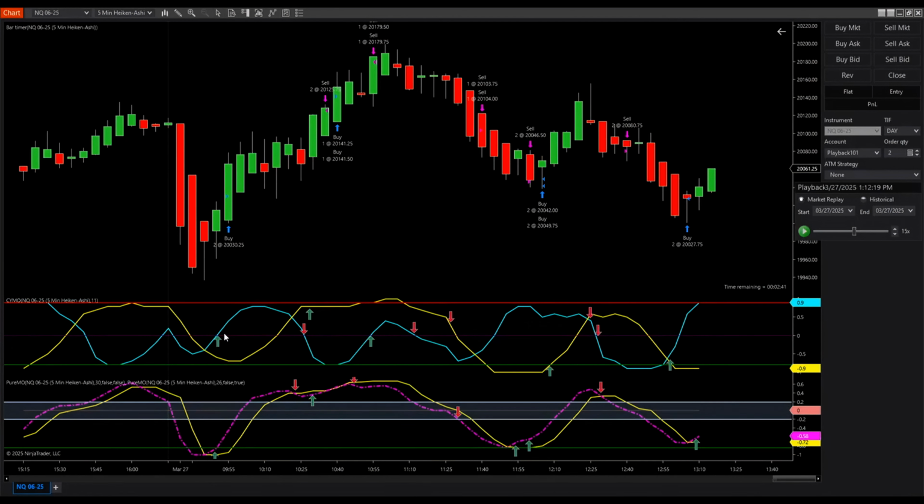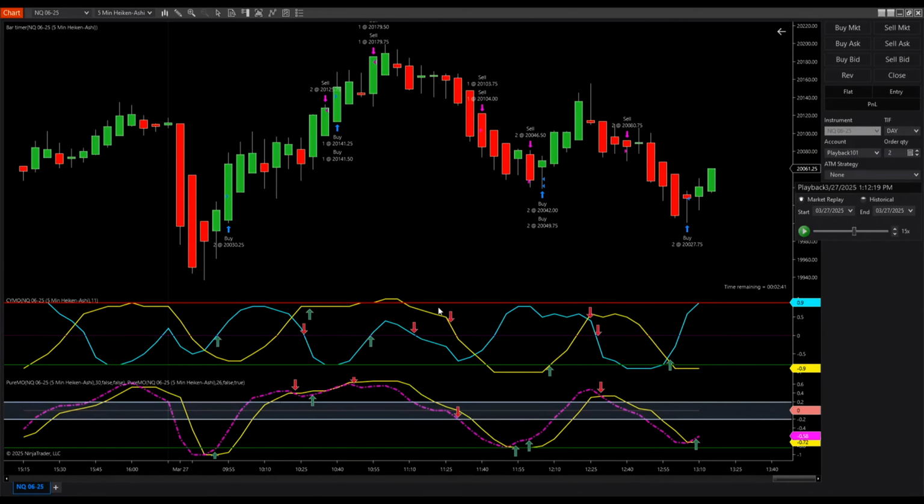CYMO right here, guys, catches the cyclic swing perfectly to the upside, okay? While PureMO down here confirms momentum at just the right moment, okay? It's all about reading the market's rhythm and knowing when to shift gears, okay? When the market was trending, just right up here, this little portion right here where the green arrow is, when the market began trending right here, PureMO was right on the money, okay?